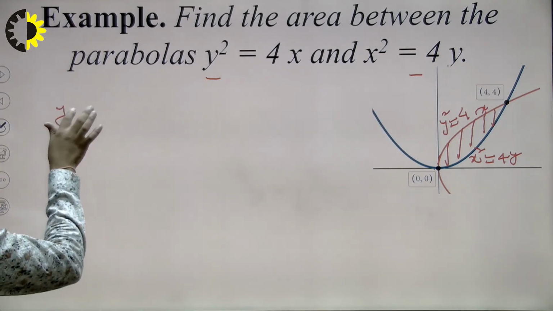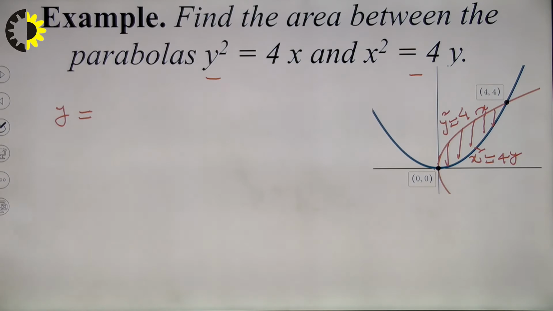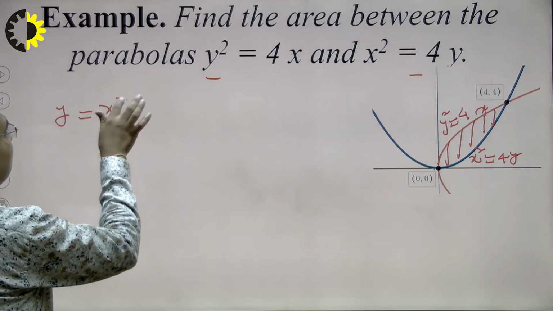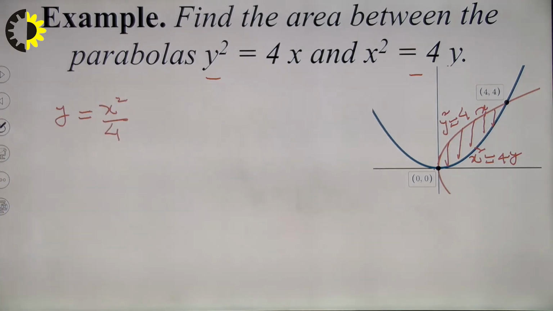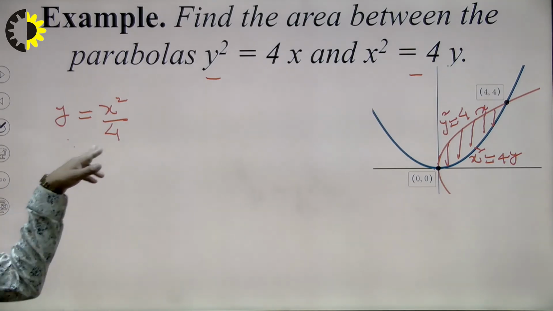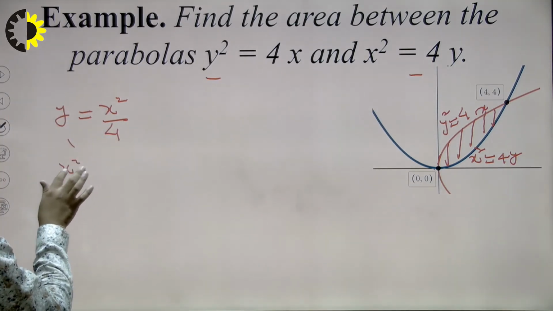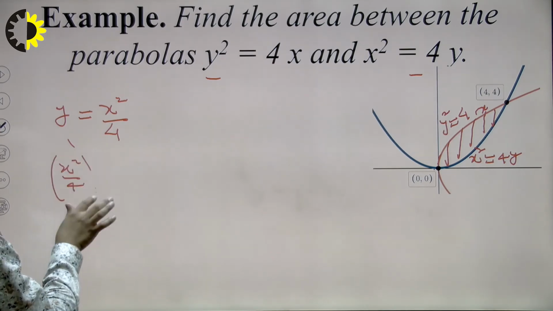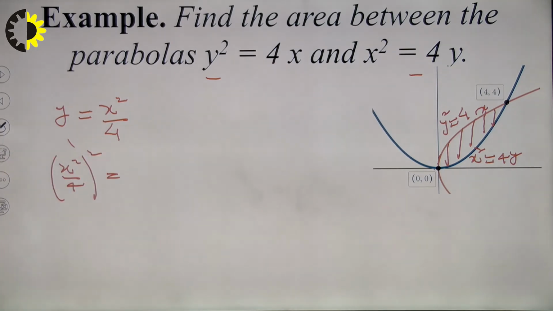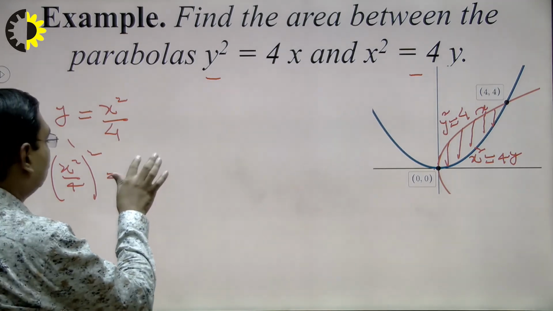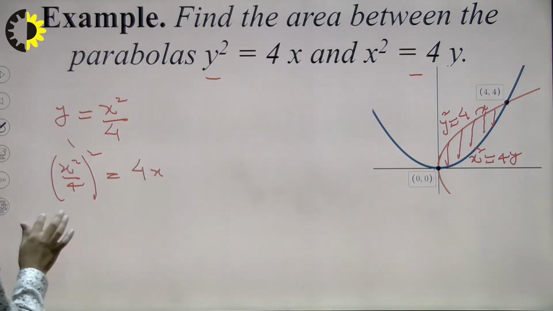From the second equation, I calculate y equals x square upon 4. Substituting y equal to x square upon 4 here, it will give (x square upon 4) whole square is equal to 4x.